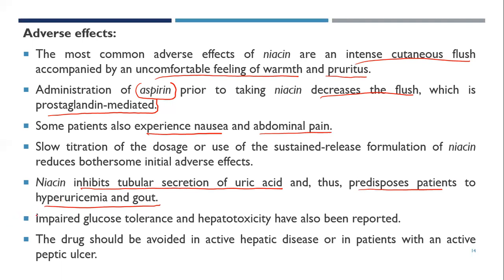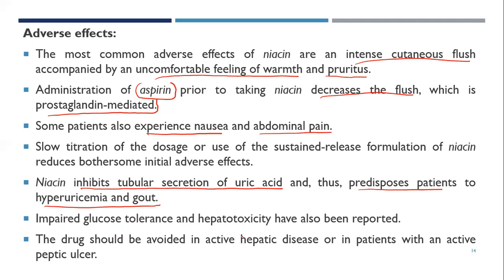Okay, so that's why I said most of the times it is hyperuricemia and some of the times it is gout. Okay, so impaired glucose tolerance and hepatotoxicity have also been reported with the use of the niacin.